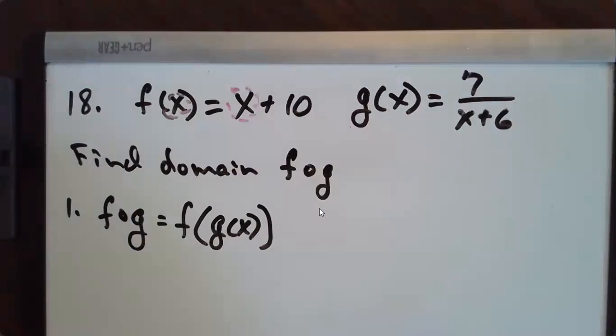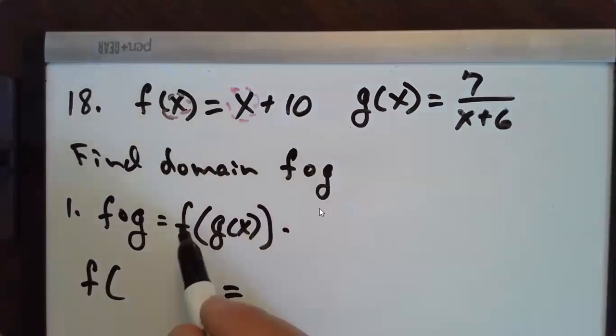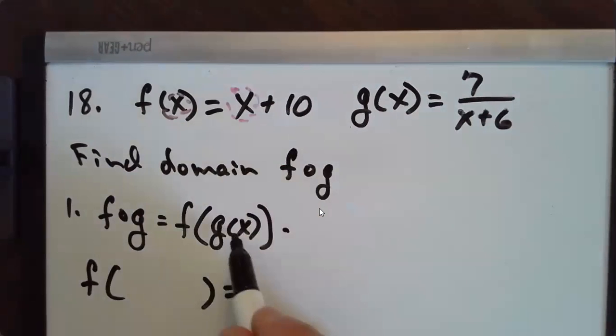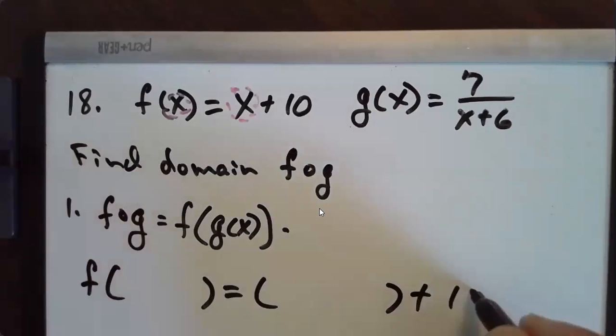So this will be f of parentheses equals 2 times x, so the outside function is what we're working with, and the g of x is going to go into the f of x. So the x, we cut that x out, put parentheses, and then plus 10.